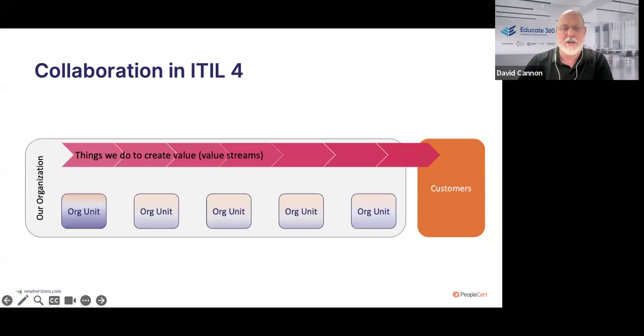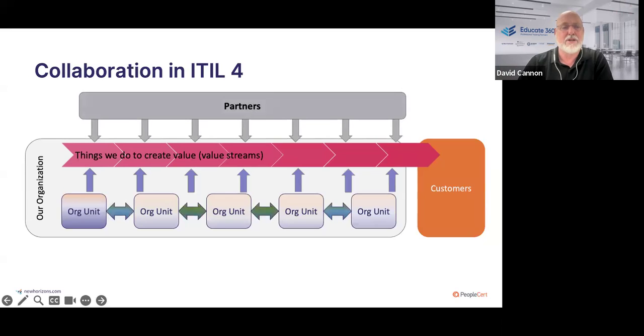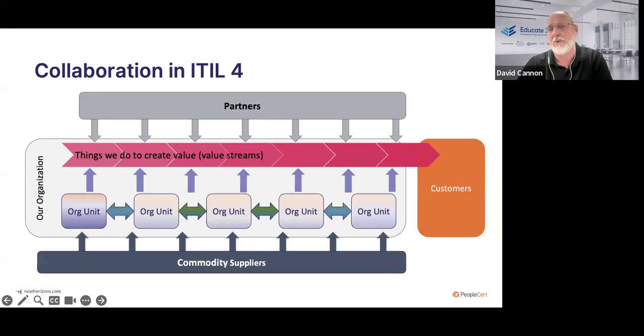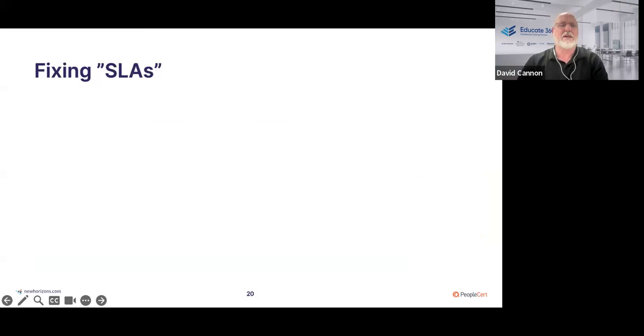So value stream is a great way. Information is there in ITIL. I'm not going to cover this in too much detail. If you want to know more, get a hold of a recording of or visit the New Horizons website and look at the first webinar in this series where I discussed that.